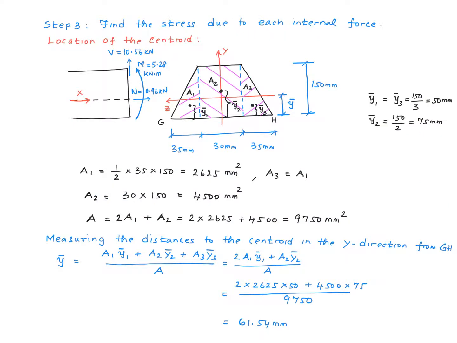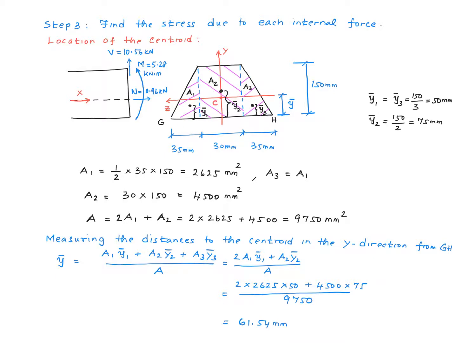Step number 3 is to go ahead and find the stress due to each of the internal forces. As part of that, we need to do a number of things. Firstly, we notice that the cross-section we have is symmetric about the y-axis but not about the z-axis. Therefore, we don't know exactly where the centroid of the section is on the y-axis.